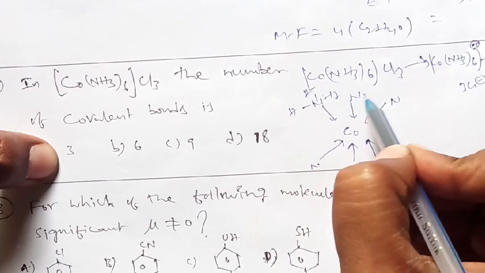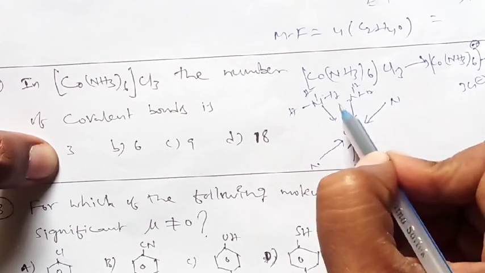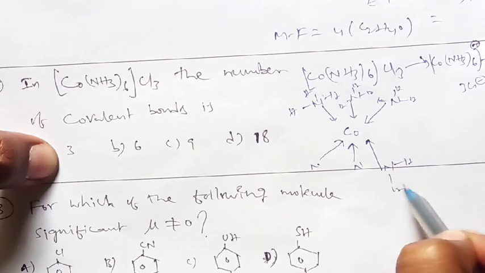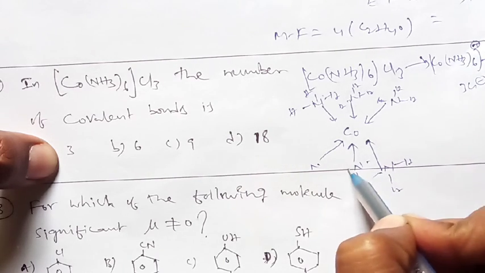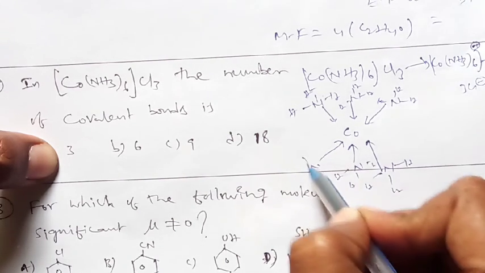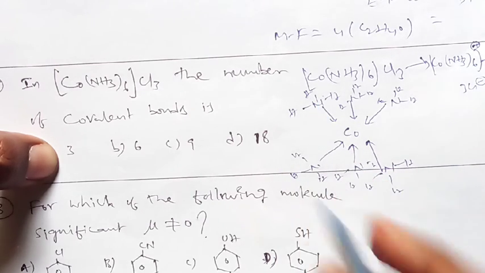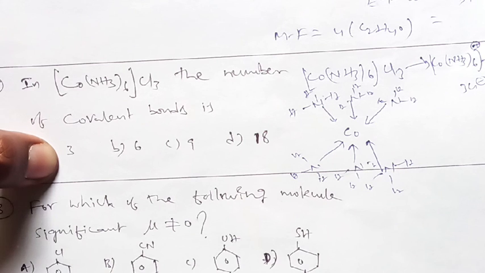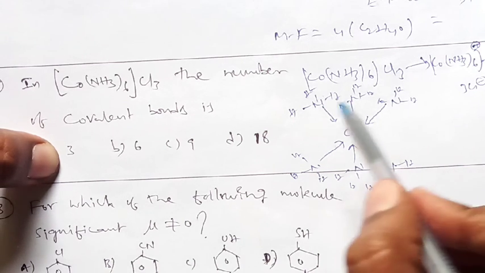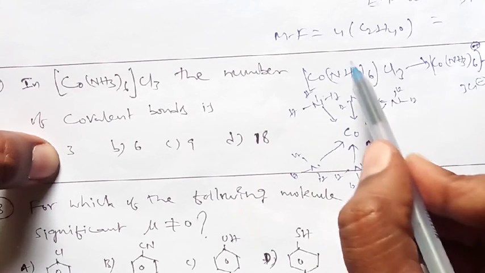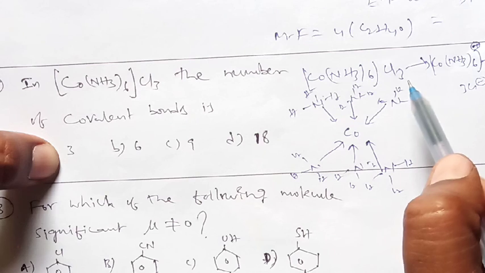Observe here, 3 hydrogens, 3 hydrogens, here also 3 hydrogens, here also, here also. Nitrogen with hydrogen is a covalent bond because electron sharing takes place. Nitrogen to cobalt is a coordinate covalent bond, and the coordination sphere to chlorine is an ionic bond.